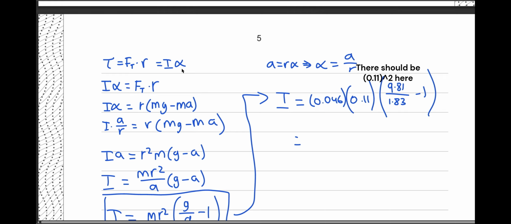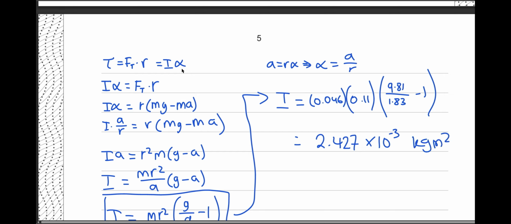And I get a final answer of 2.427 times 10 to the minus 3 kg meters squared, which is 2.43 times 10 to the minus 3 kg meters squared to three significant figures.